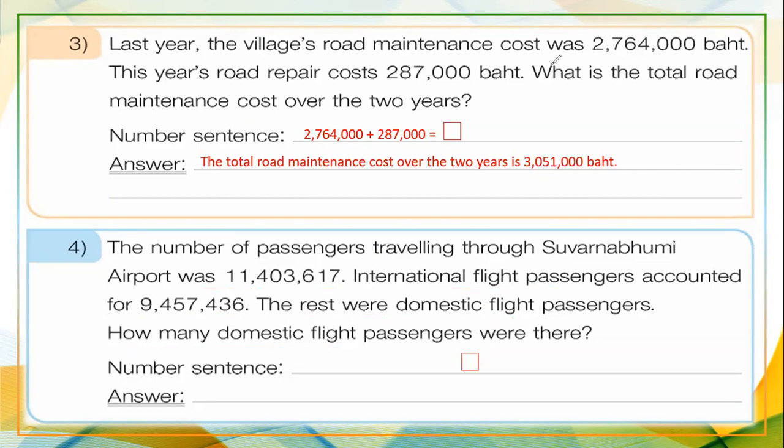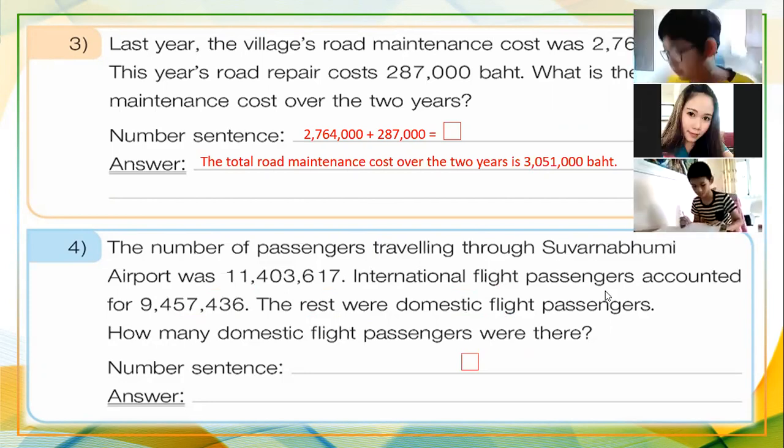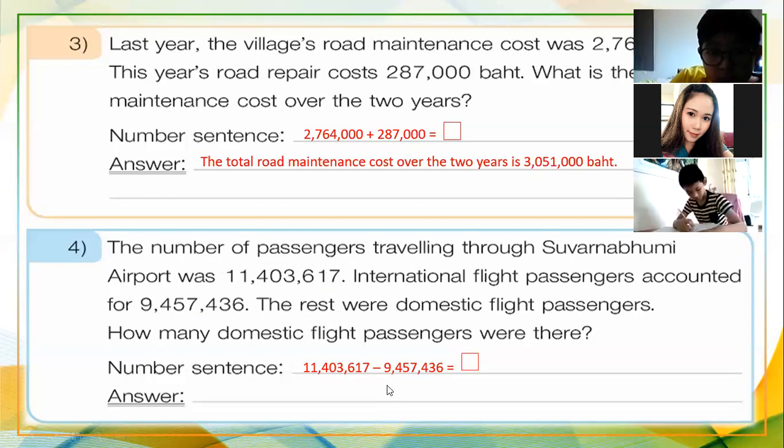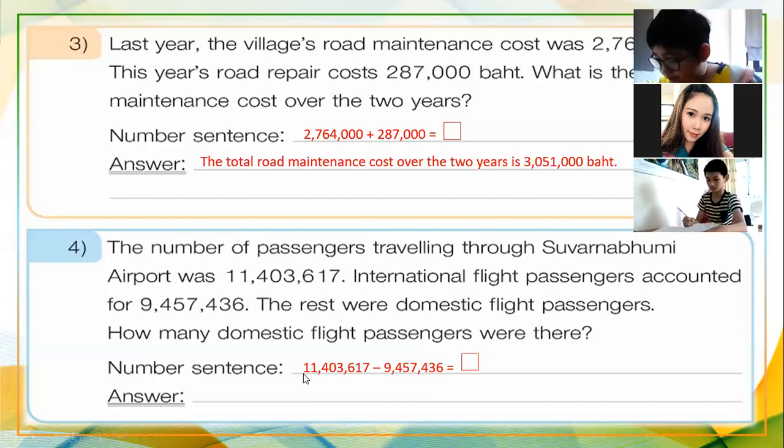So are we going to do addition or subtraction, students? We are going to do subtraction. The international flight passengers we will subtract from the total passengers traveling through Suvarnabhumi airport.